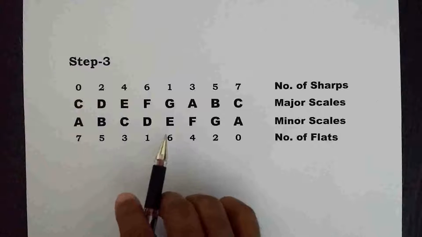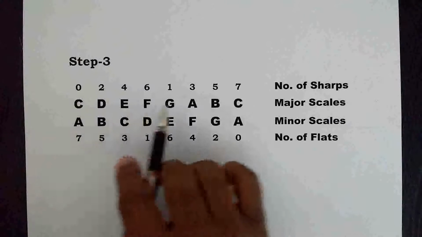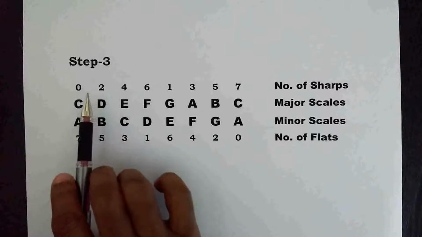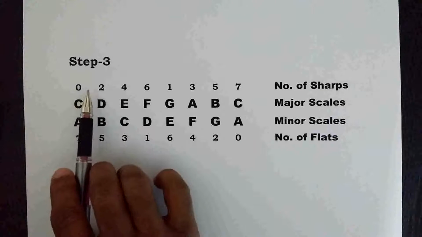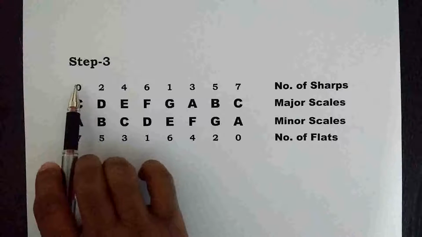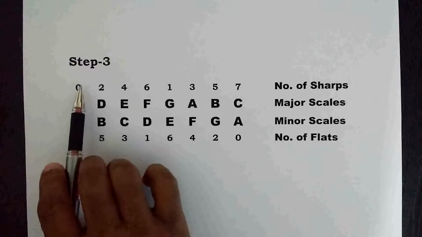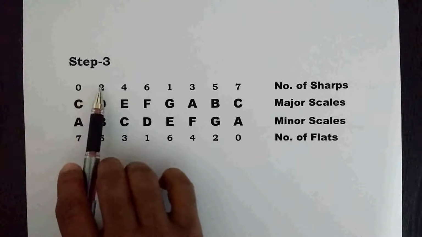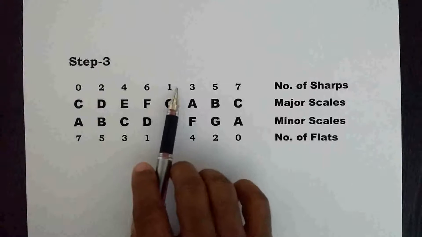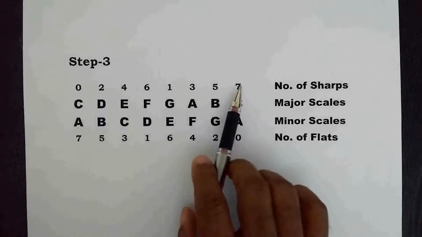Third step is to assign the number of sharps and flats. The number of sharps can be obtained by putting 0 to C, which is then followed by even numbers 2, 4, 6, which is then followed by odd numbers 1, 3, 5 and 7.